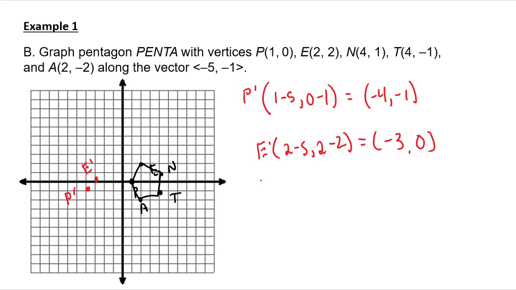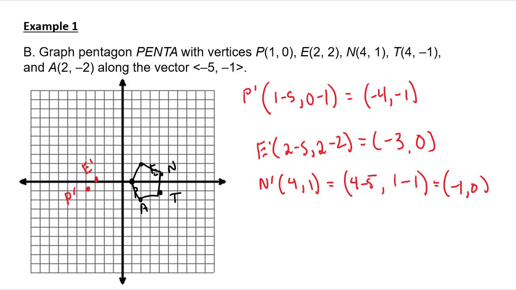And then N prime: if I subtract 5, so I do 4 minus 5 and 1 minus 1, I have the point -1, 0. Yeah, that's right.